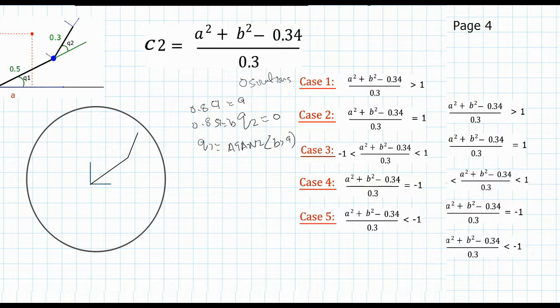So in this case we have exactly one solution. Let me erase this and make some space. Okay, so in case 2 we have exactly one solution.